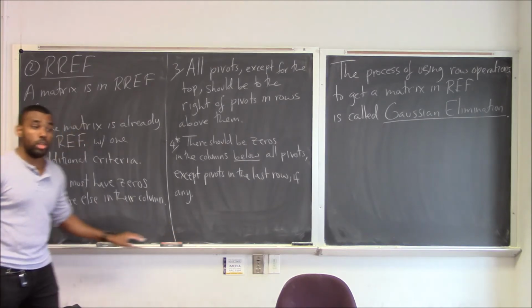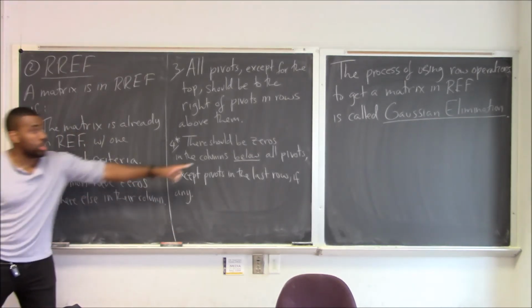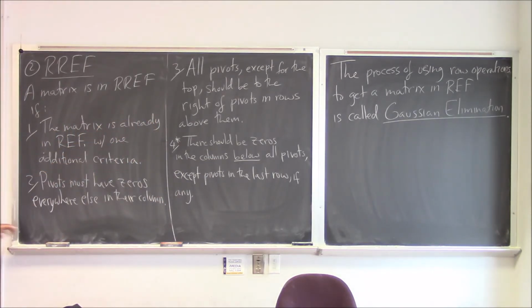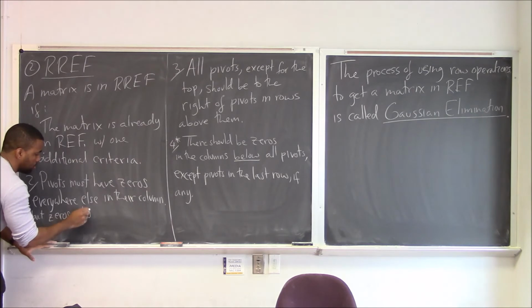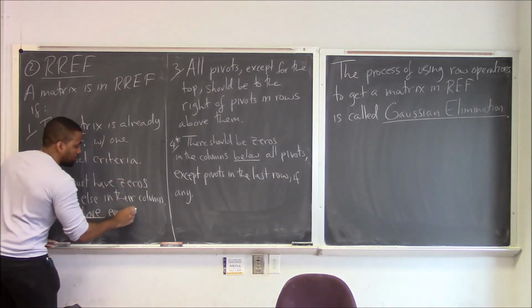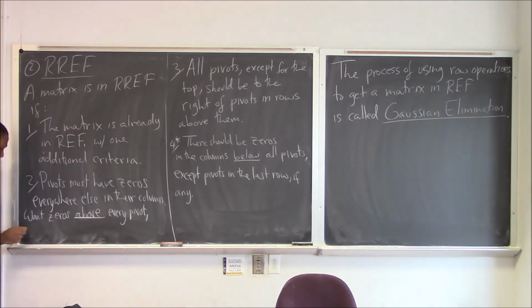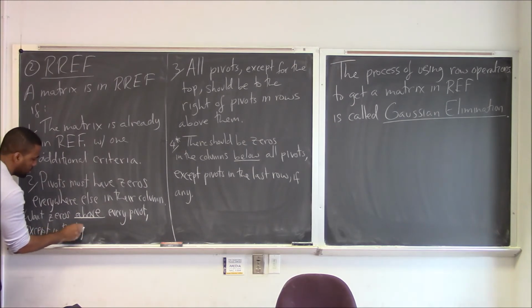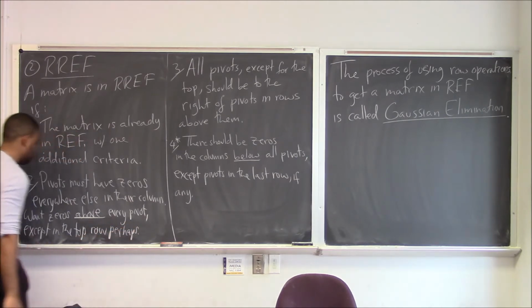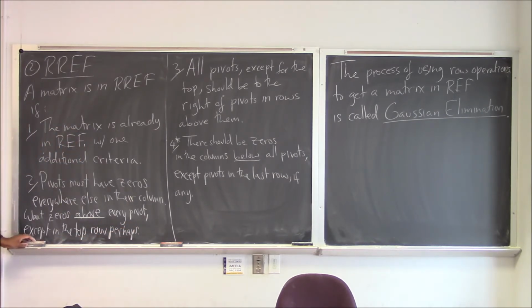Everyone else should be a 0. In particular, not only do we want zeros below every pivot, but we also want zeros above every pivot, except for the one that's in the top row. There are zeros everywhere else in the column.